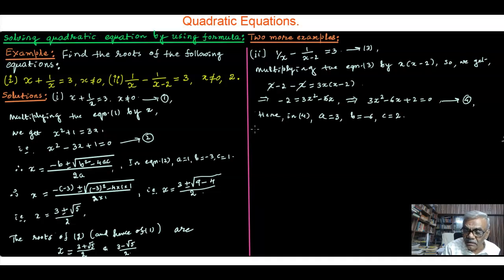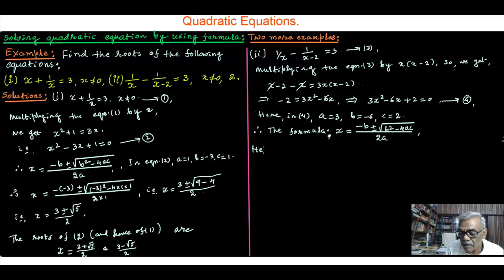Therefore, by the formula, x is equal to minus b plus or minus root of b square minus 4ac divided by 2a.